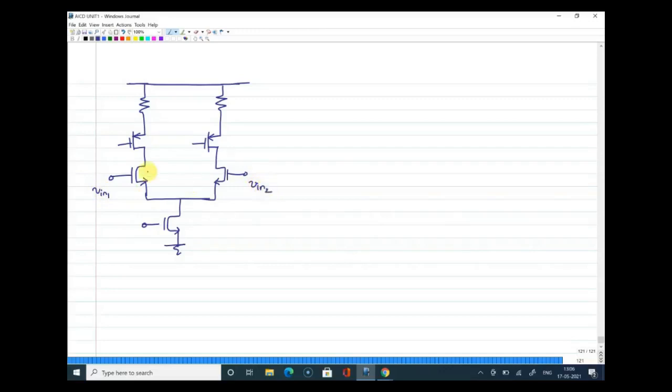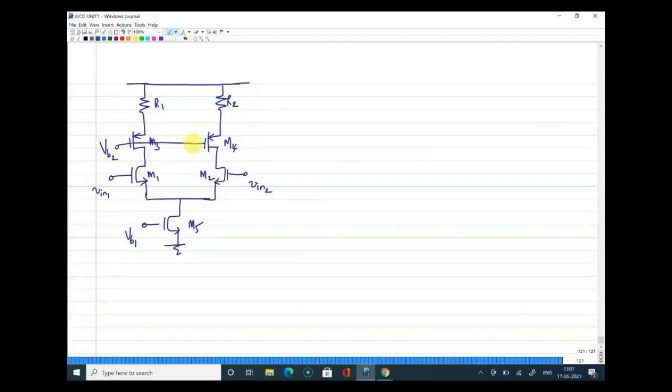These are the input transistors. Again, I'm numbering them M1, M2, M3, M4, M5, and R1 and R2. Say this is VB1, this is VB2. I can mark VB2 separately like this, or I can mark it in this way, meaning both gates are connected to VB2.